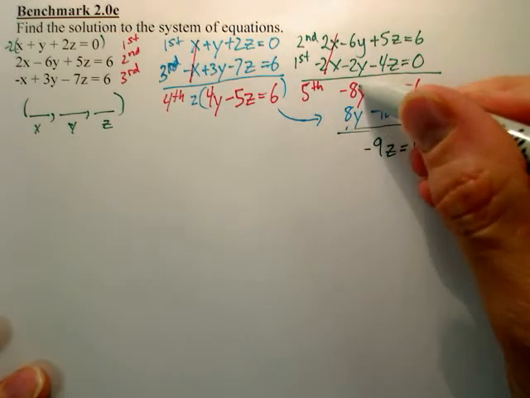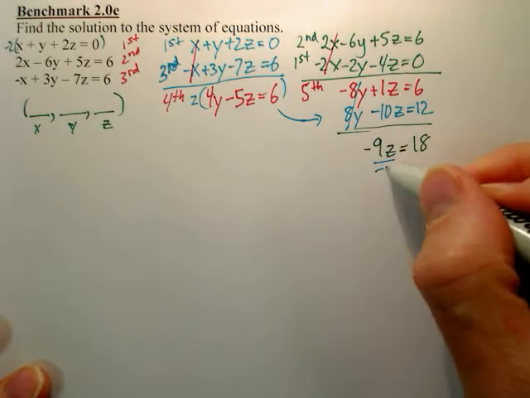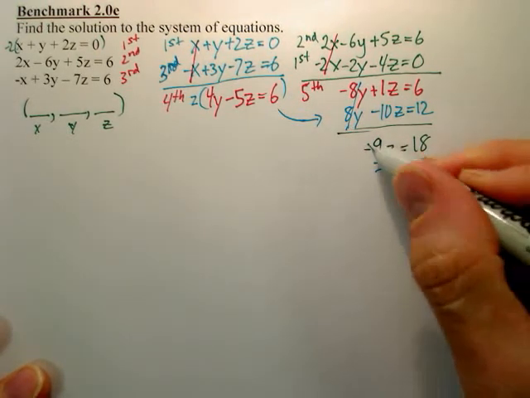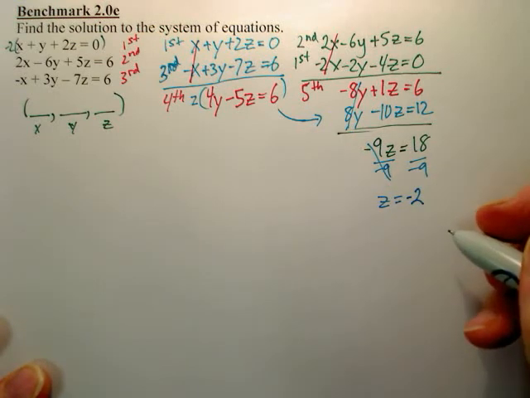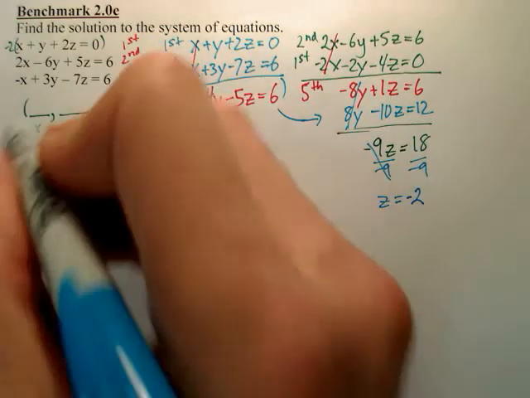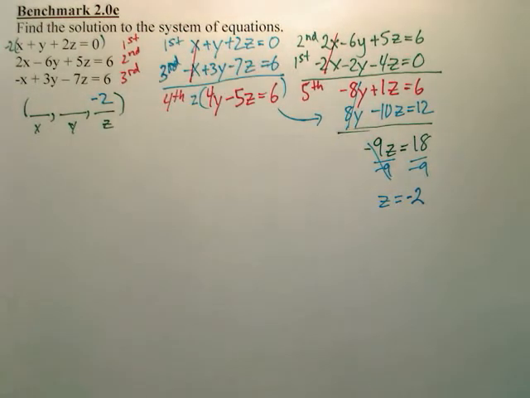These cancel. And then if I divide by negative 9, I get z equals negative 2. That means z is negative 2. So we got one piece of our problem.